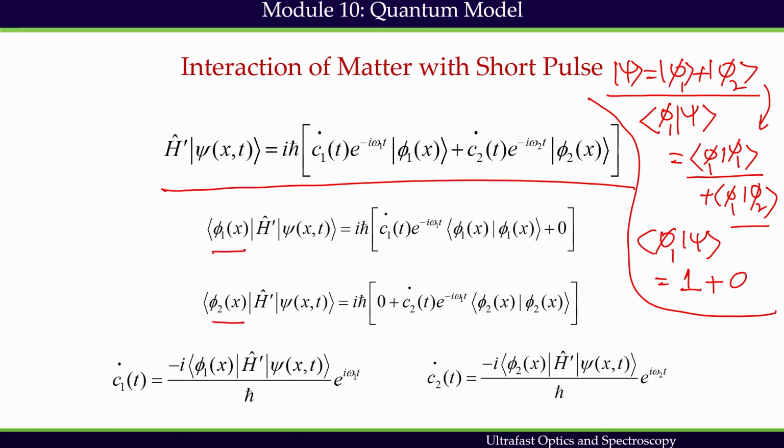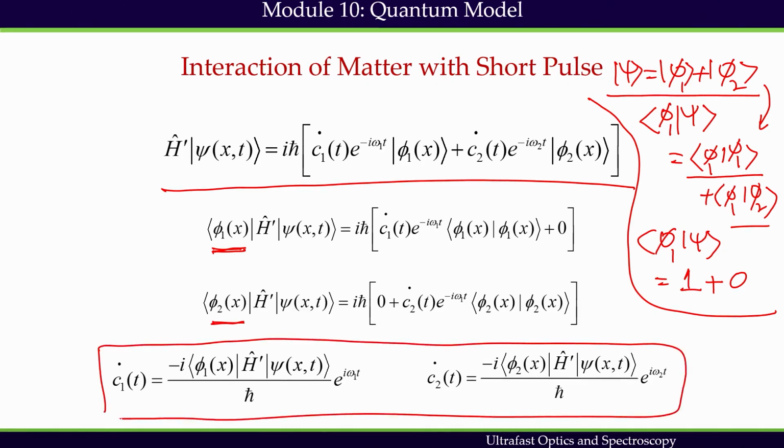We have two states, so we can multiply by phi 1 in one step and by phi 2 in another step, and then we get two time dependent equations, for the derivative of C1 as a function of time and the derivative of C2 as a function of time.